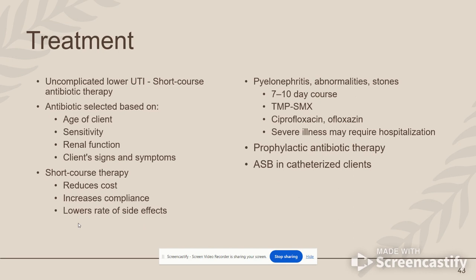Sometimes it does require longer, like 2 or more weeks, if it is a very complicated UTI. Again, if they do have frequent symptomatic UTIs, they may be on prophylactic antibiotics like Macrodantin or Macrobid, or urinary analgesics like Pyridium. So I'll teach you guys about those meds in a few slides.